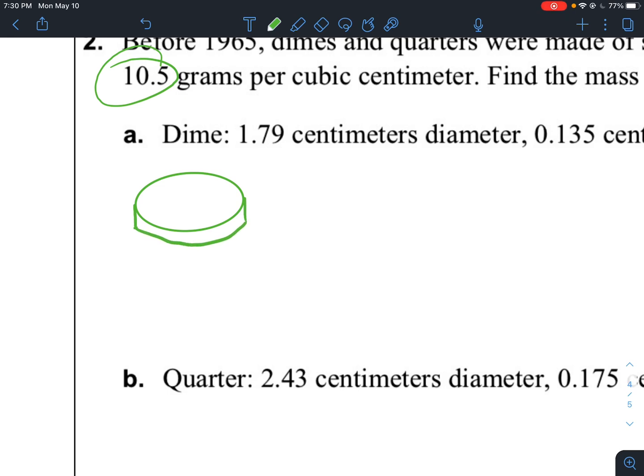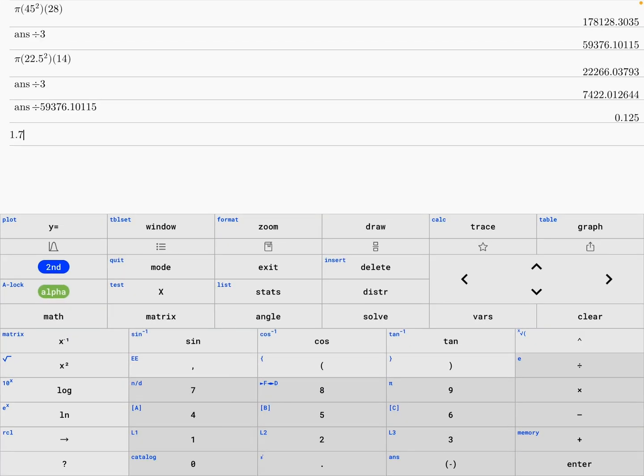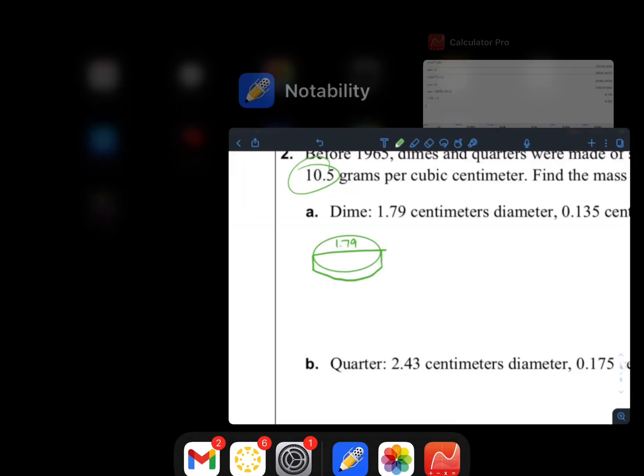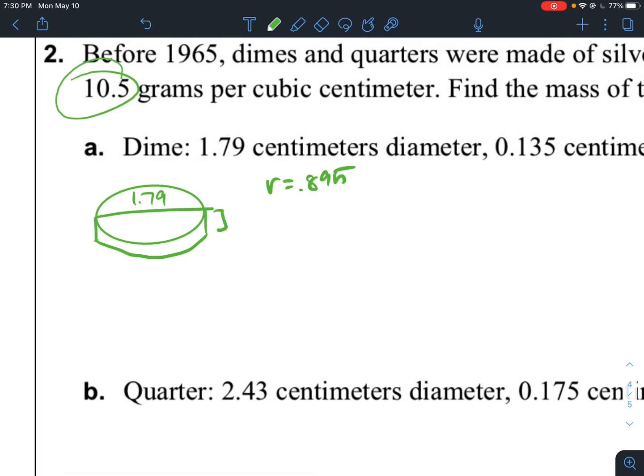here's our dime, and it has a diameter of 1.79 centimeters, but I'm interested in the radius, so I'm going to do 1.79 divided by 2, and I get 0.895. So radius is equal to 0.895. And the thickness right here is 0.135 centimeters.